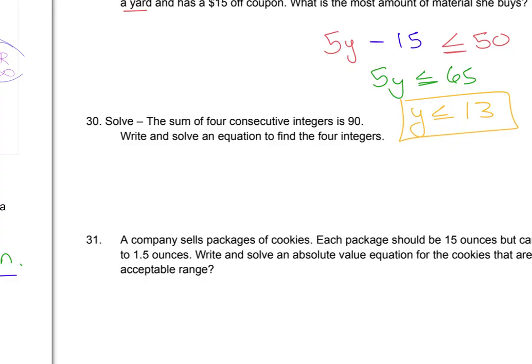Solve. The sum of 4 consecutive integers is 90. So "is 90" looks like this. In English is right here, and math is right here, okay? So 4 consecutive integers are like 1, 2, 3, 4. So if we were to represent this in algebra, that would be like x, and then x plus 1, because, right, this would be 1, this is 2.